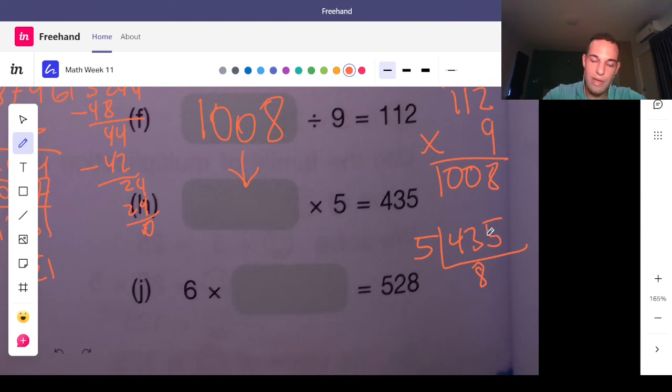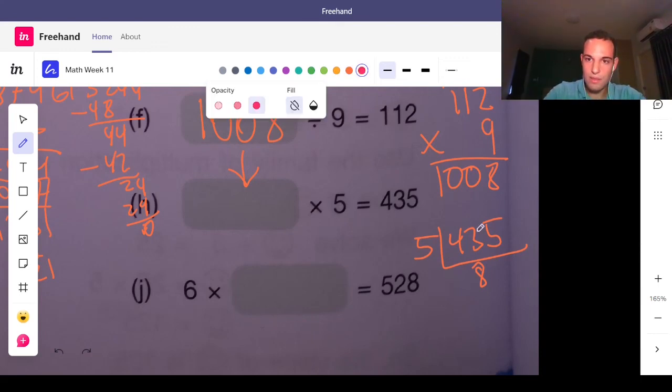And 43 minus 40, we have a 3 left. So we need to do 5 goes into 35 7 times. So the answer is 87 times 5 equals 435.